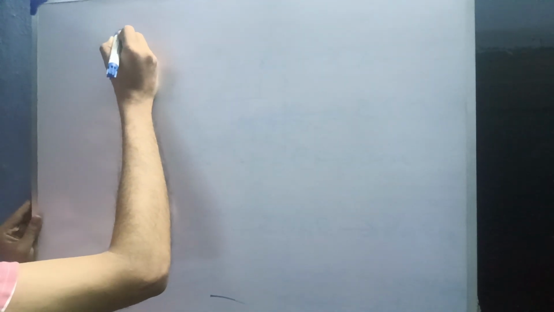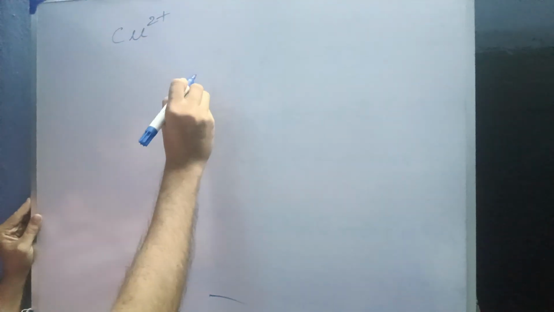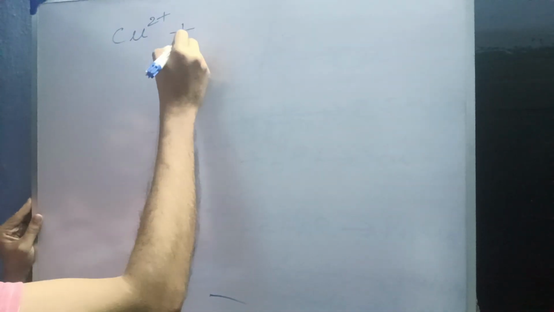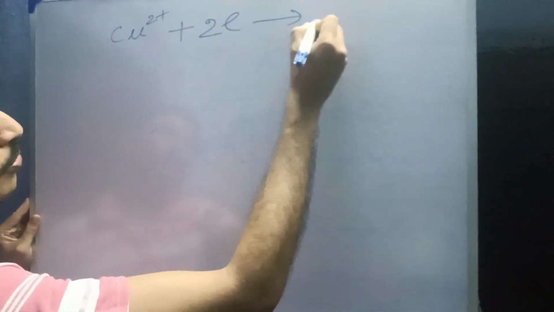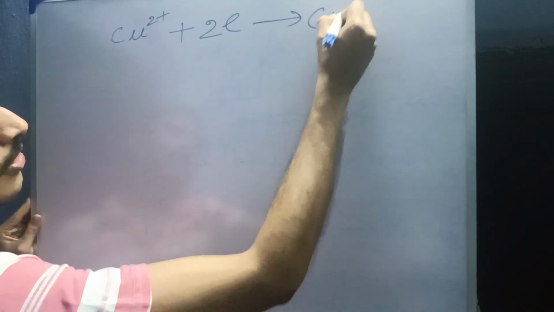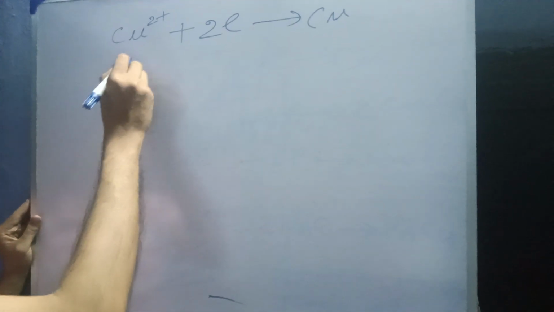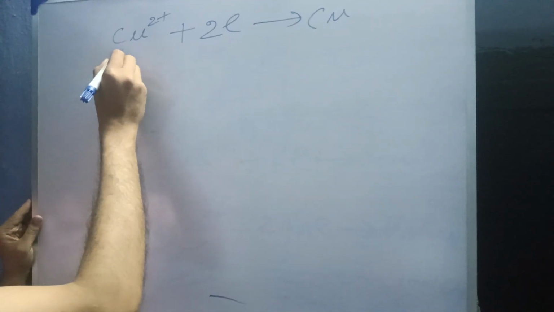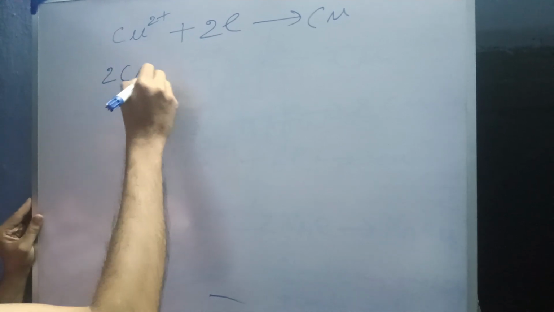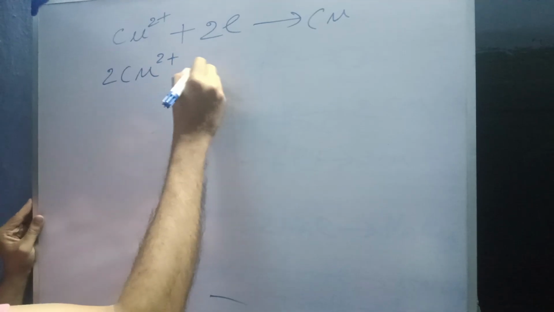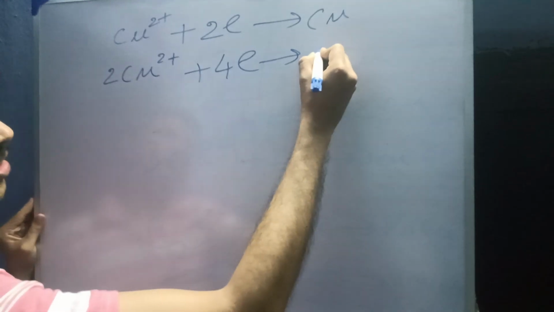Let's see, if a Cu2 plus is present, and it takes 2 electrons, then it produces 1 copper. And hence if we take 2 Cu2 plus, then 4 electrons give 2 Cu.